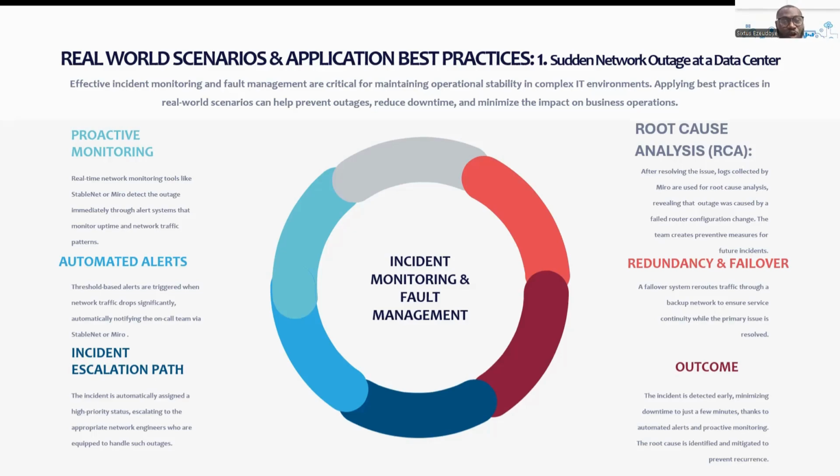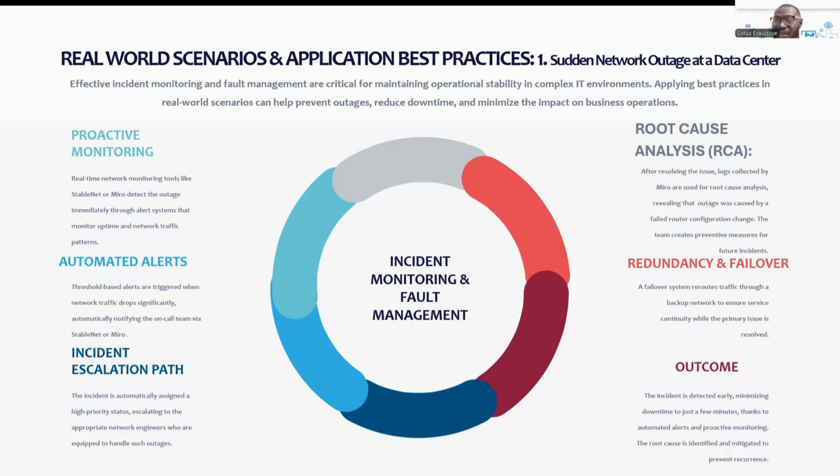Your teams will receive real-time automated alerts that there is a network failure between point A and B, fiber core between A, B, C, and D. So whatever it is, there's a network outage at location A, real-time alerts are triggered, and incident escalation paths are automatically assigned a high priority status, escalating to the appropriate network engineers who are equipped to handle such outages. So there must be a standby team that receives these incident escalations, and they jump into action without much ado.